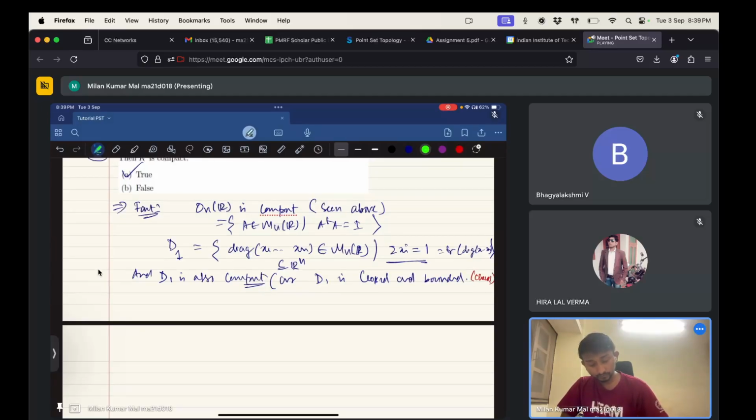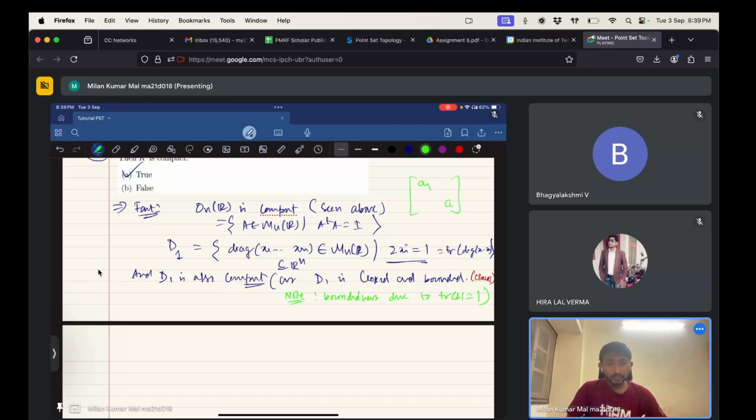Note that the boundedness is due to trace of A being equal to 1. With the trace being 1, that is the region bounded. We can take a diagonal matrix with main diagonal elements as large as possible, so the space of all diagonal matrices is closed. That is correct.